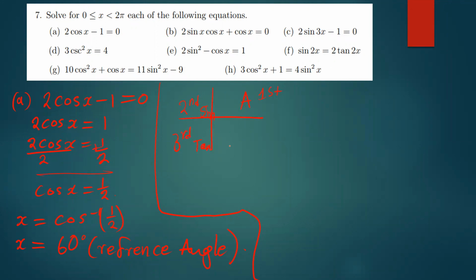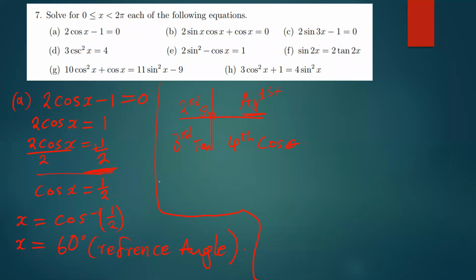Then you also have the fourth quadrant where only cos theta is positive. Since the value that we have this side is positive, it means that the solution of this equation also lies in the first quadrant, because in the first quadrant, all trig ratios are positive.